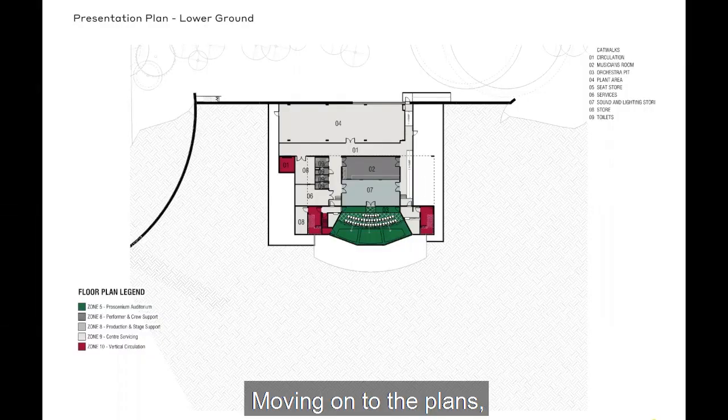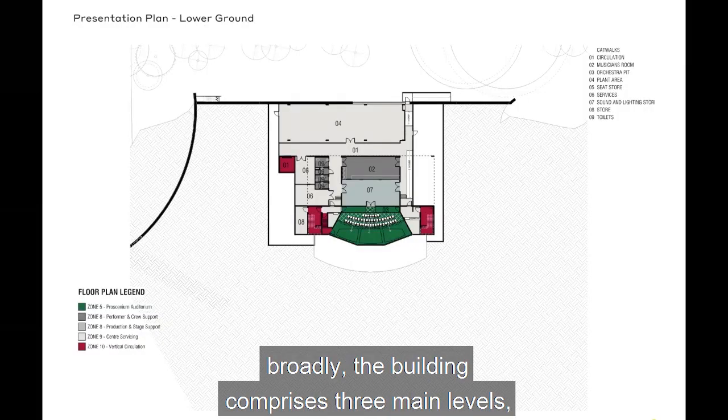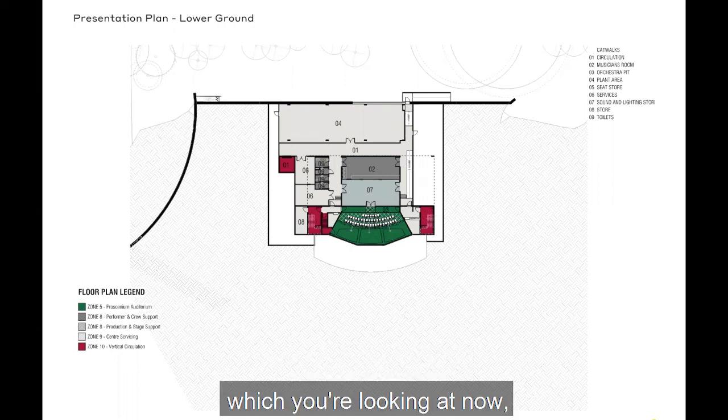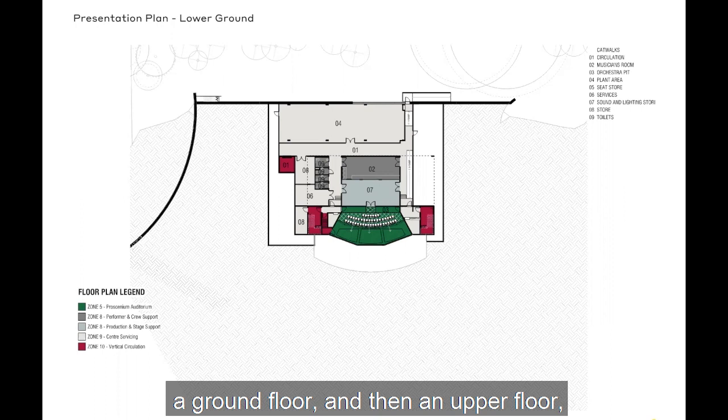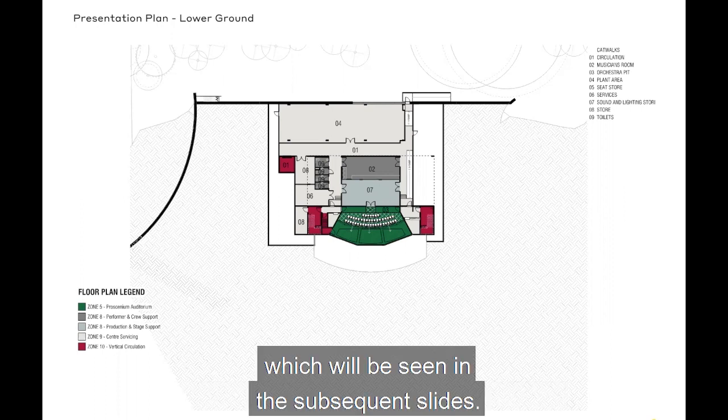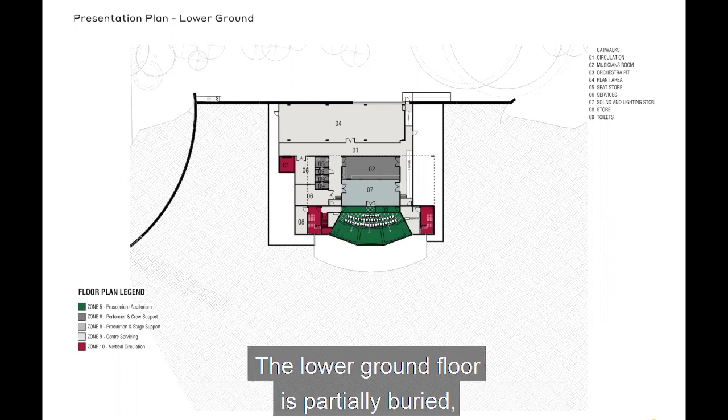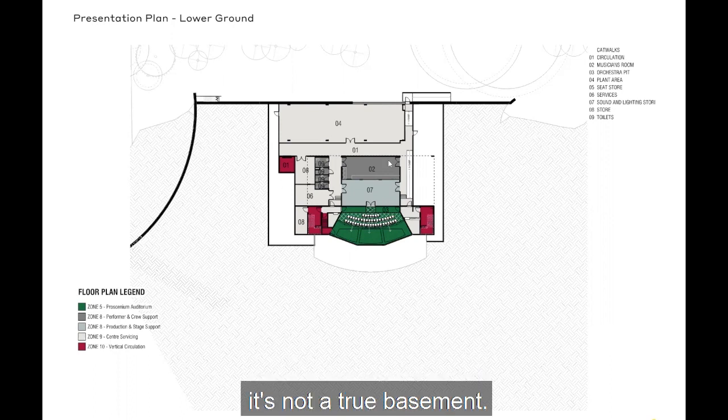Moving on to the plans, broadly the building comprises 3 main levels: lower ground, which you're looking at now, a ground floor, and then an upper floor, which will be seen in the subsequent slides. The lower ground floor is partially buried. It's not a true basement.